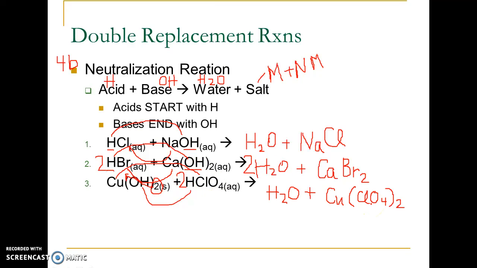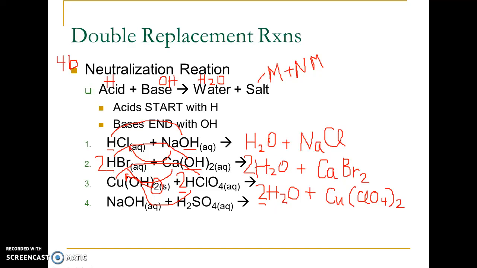Alright, so the ions are balanced. I have how many hydrogens here? Let's do oxygens first. I have 2 oxygens, so I need a 2 here. And then that should give me 4 hydrogens, and it does. Alright, so now I'm balanced. I just need these 2 coefficients here.